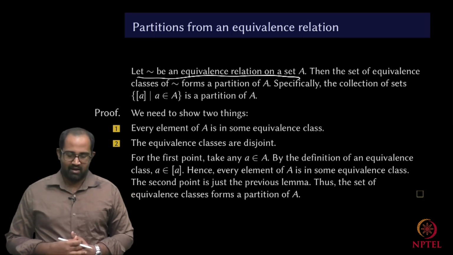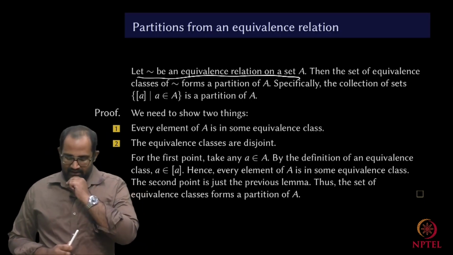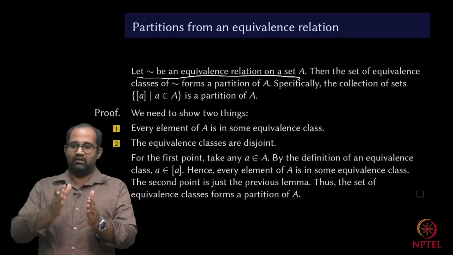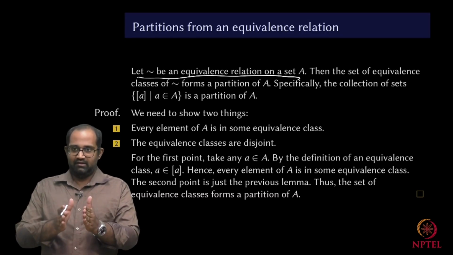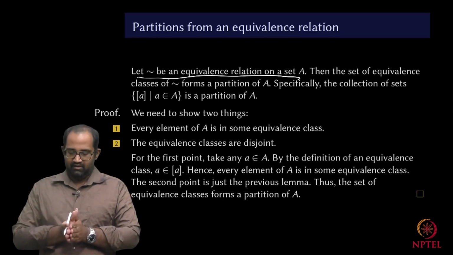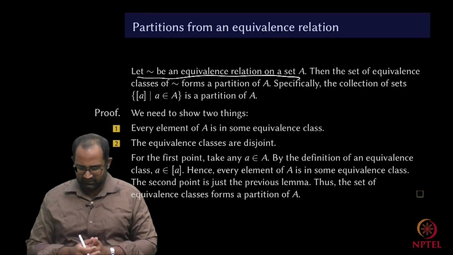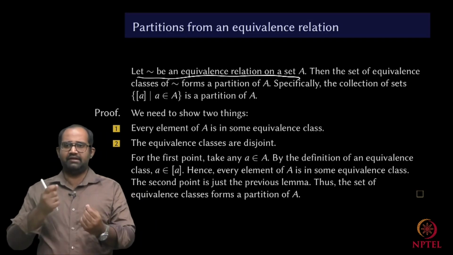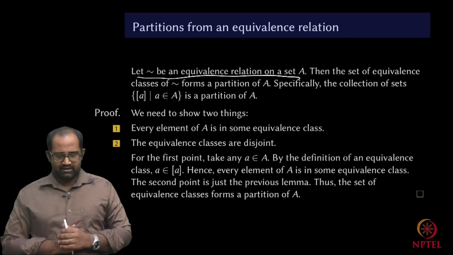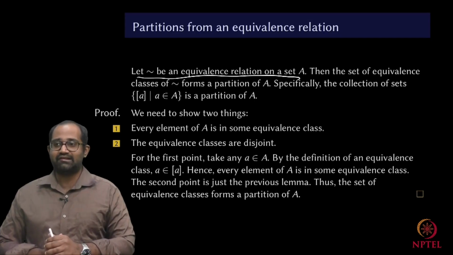Hey, wait a second, I am trying to pull a fast one on you. Just think about this for a second. What I have really shown is, if you take the equivalence classes, then the union of those equivalence classes is the set A, which is a property of partitions, and I have also shown that distinct equivalence classes are disjoint, but a partition by definition is an indexed family.